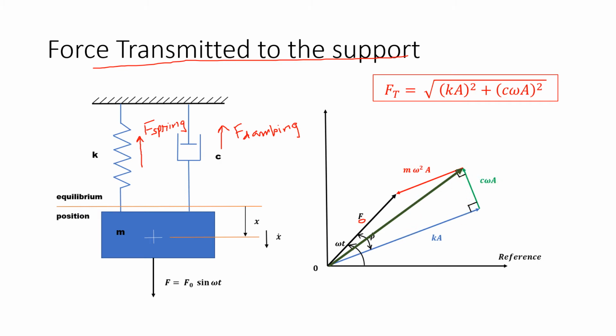So when we add these forces, the resultant force is this vector Ft, and Ft's amplitude is the square root of (Ka) whole square, which is the spring force amplitude, plus (C omega A) whole square, which is the damping force amplitude.